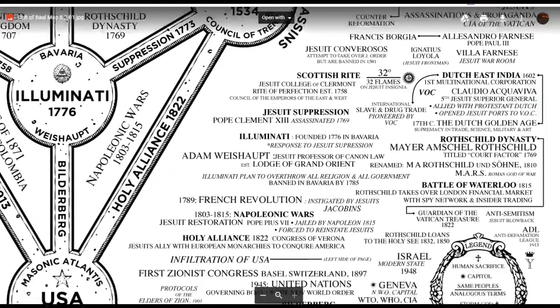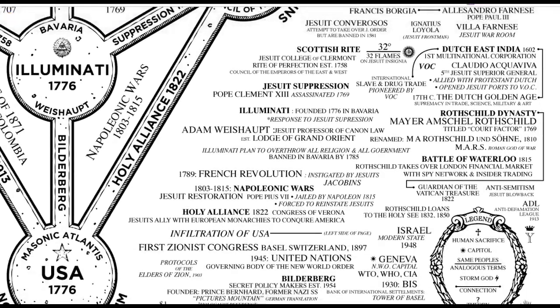But the important point to note, for me at least, when I learned about the thing called court factors or court Jews, I was like, well, that's so obviously exactly what the Rothschild bank is, because once again it's using a Jewish family to be the face of this banking structure, when really behind the scenes it's controlled by either the Vatican or the Jesuits.